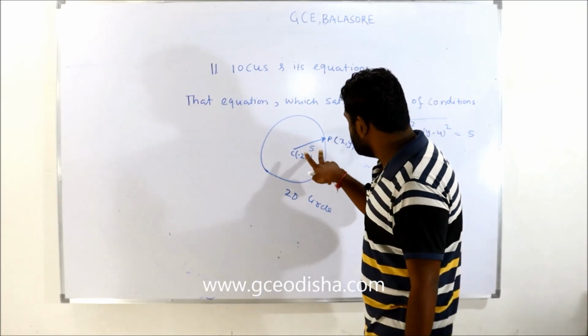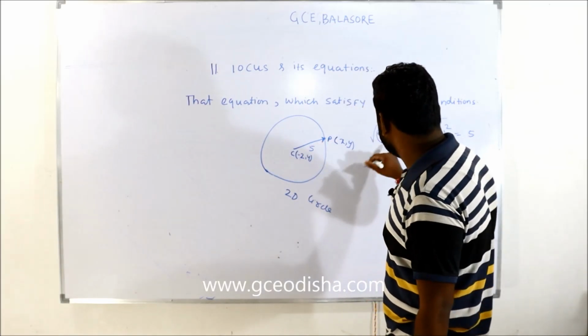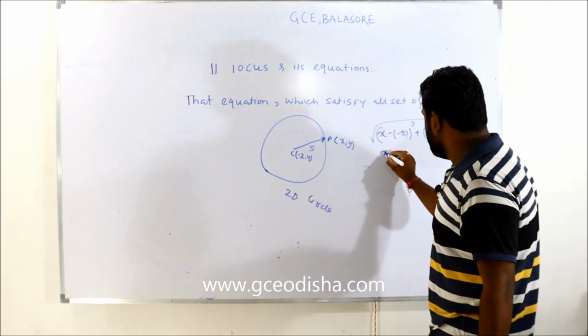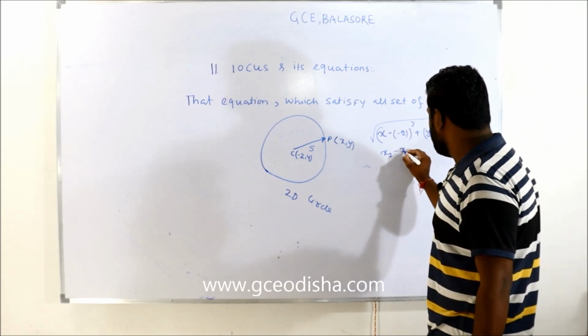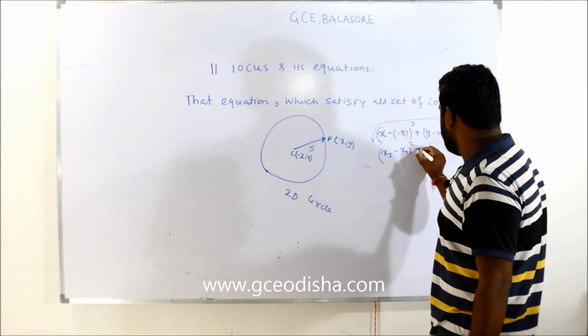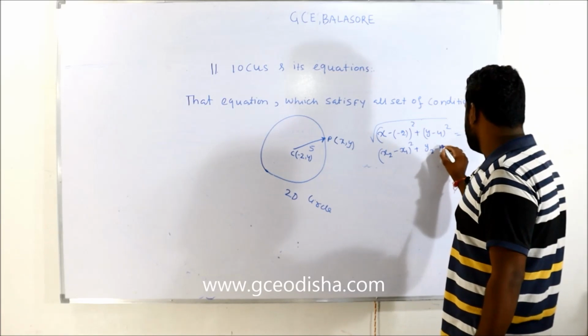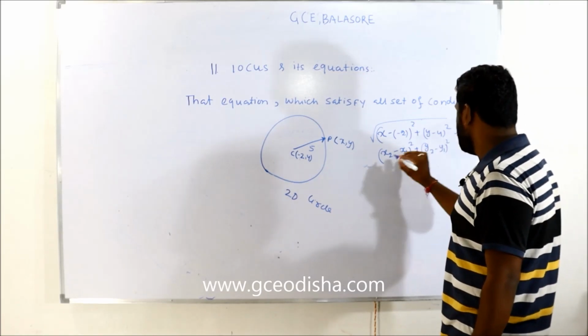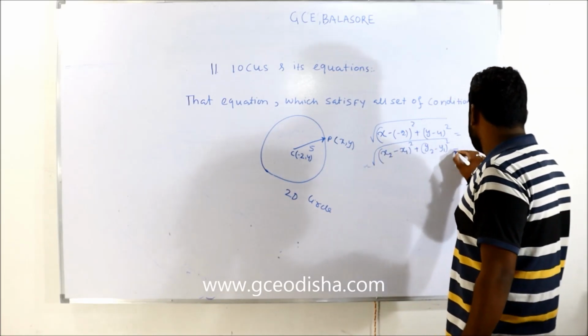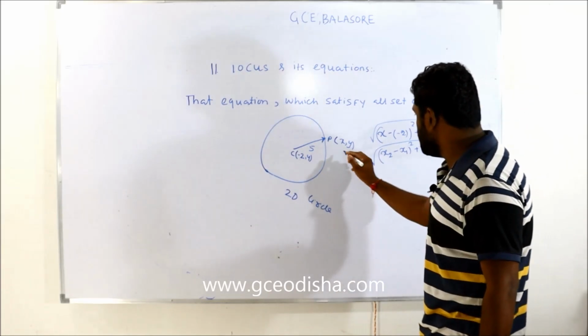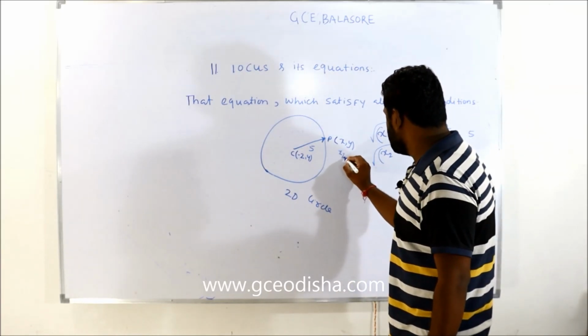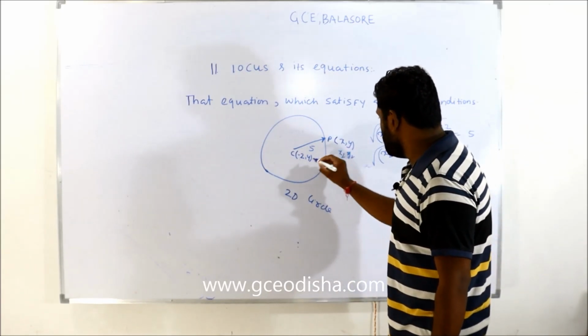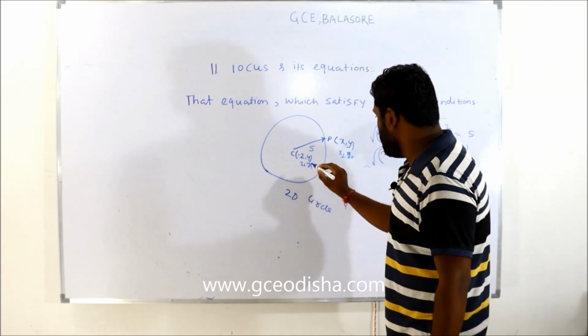Because this is the distance. Let's take the distance formula: square root of (x2 minus x1) square plus (y2 minus y1) square is equal to d. Same thing here, this is (x2, y2) and this is (x1, y1).